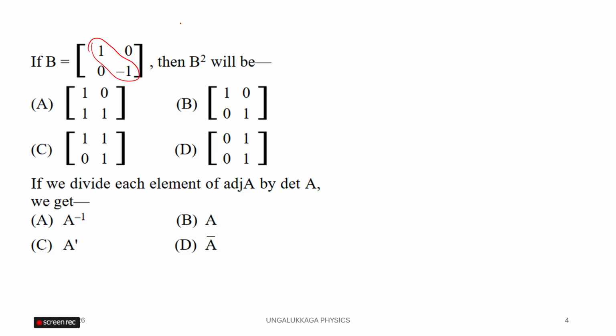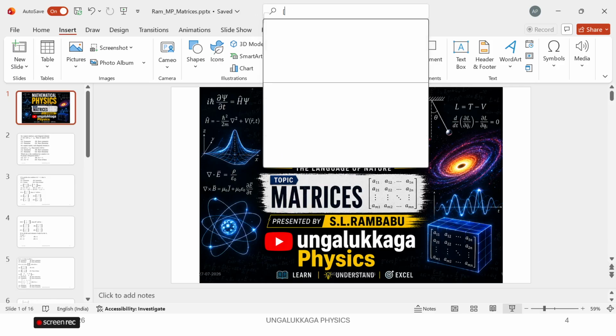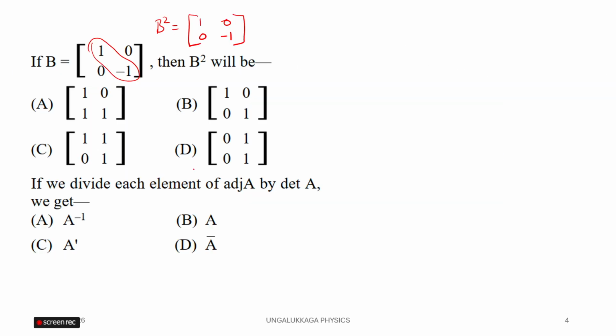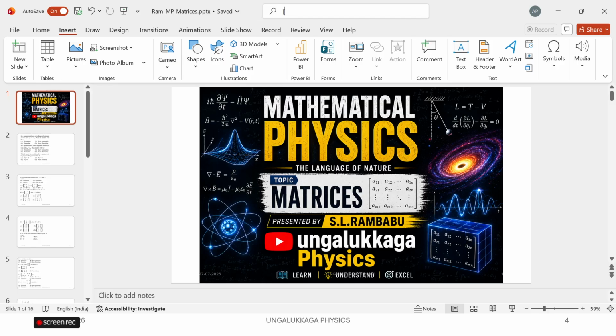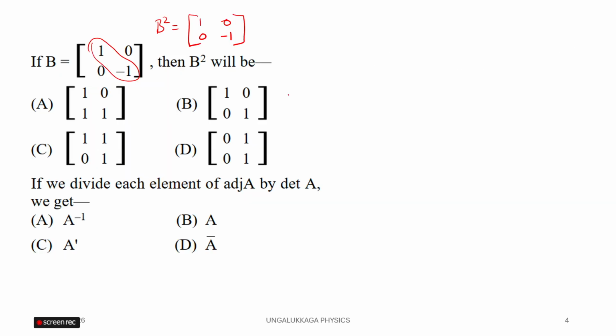So we have to find B square, which is equal to 1, 0, 0, minus 1. Let me write it there, that location is not suitable.